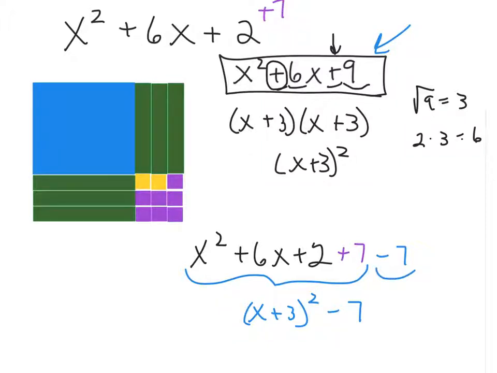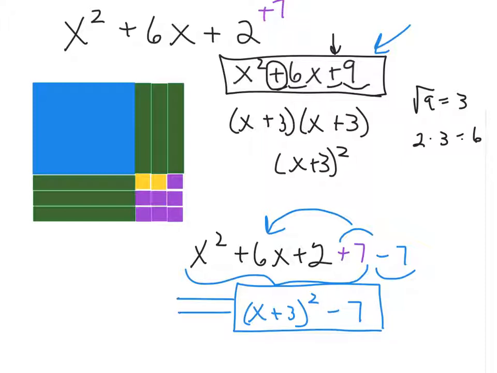Now that minus 7 came from the fact that we had to add 7 to our original polynomial in order to make it a perfect binomial square, which then leads us to be able to write it this way, and you should all recognize that as the equation for a quadratic in vertex form, x minus h squared plus k.